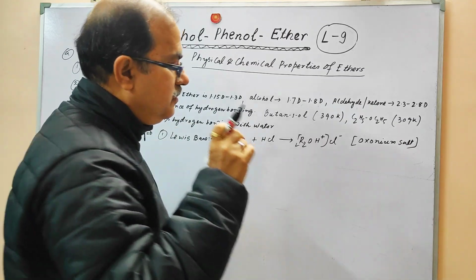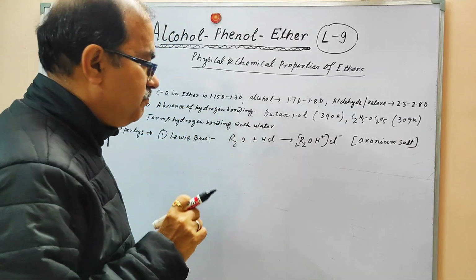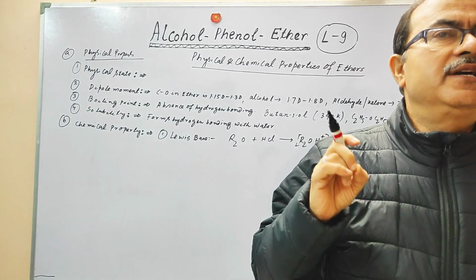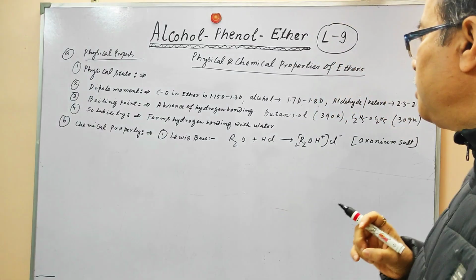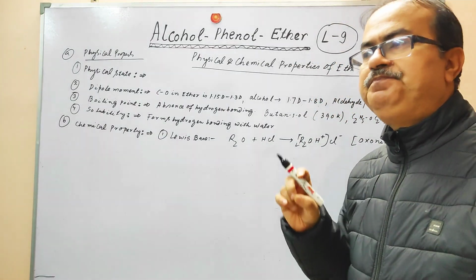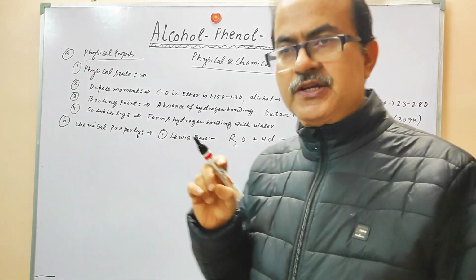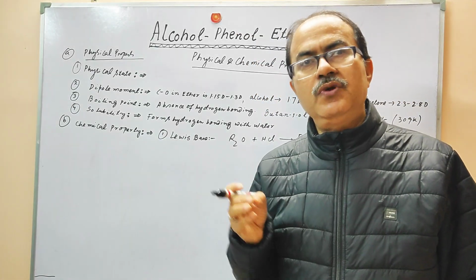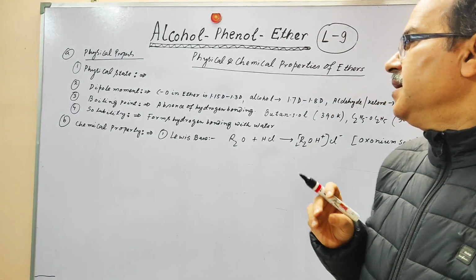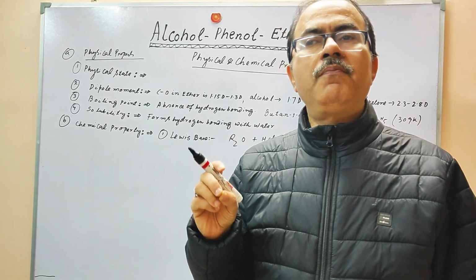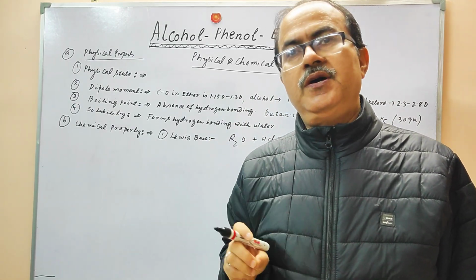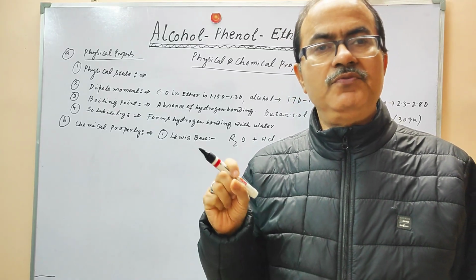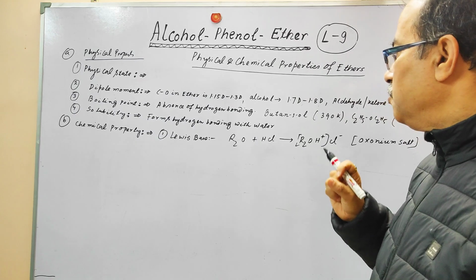Again, with a Lewis acid like BF3, AlCl3, or a Grignard reagent, it is going to form a coordination compound. That coordination compound we can learn in class 12, in a special chapter. It will form a coordination compound with those Lewis acids, because a Lewis acid has a deficiency of electrons.